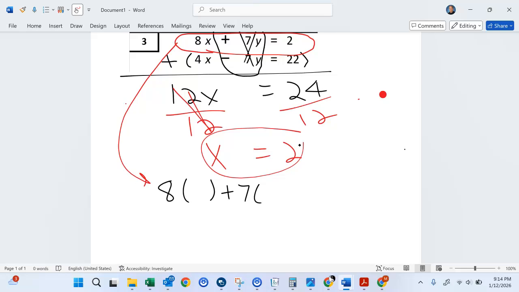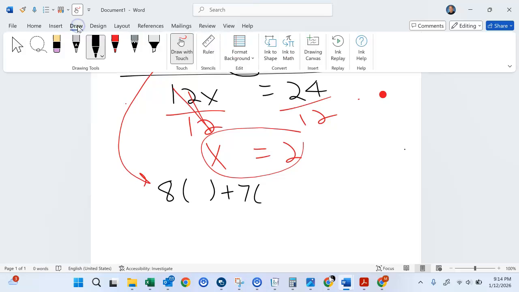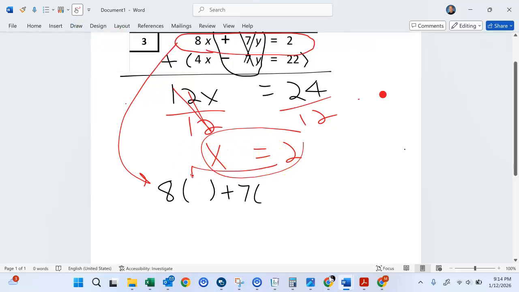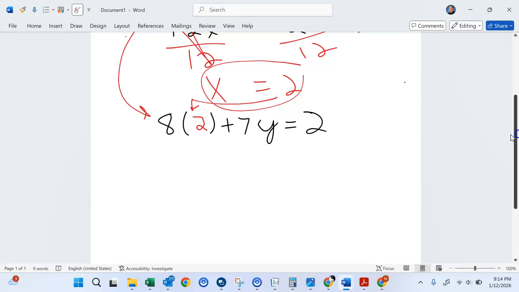So we're going to take this x, and we're going to put that right here. So that's going to be 2. And then this is going to be y, right? Okay, so it's going to be y.